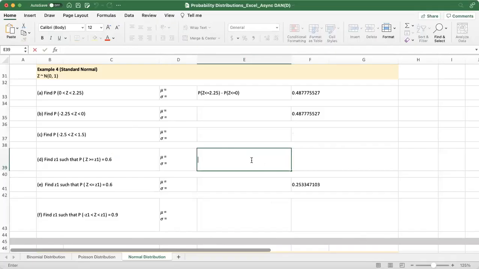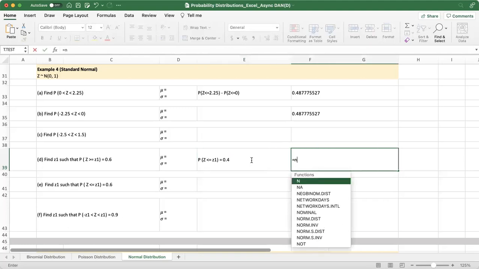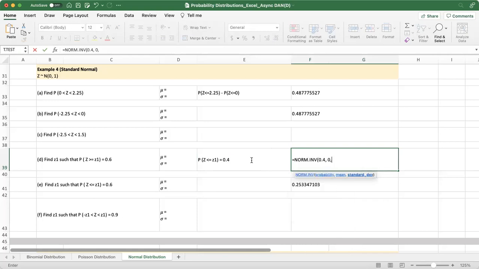So this is actually P of Z. If Z1 is such that area to the right of Z1 is 0.6, then area to the left of Z1 is going to be 0.4. And here what I'll do is norm.inv 0.4.